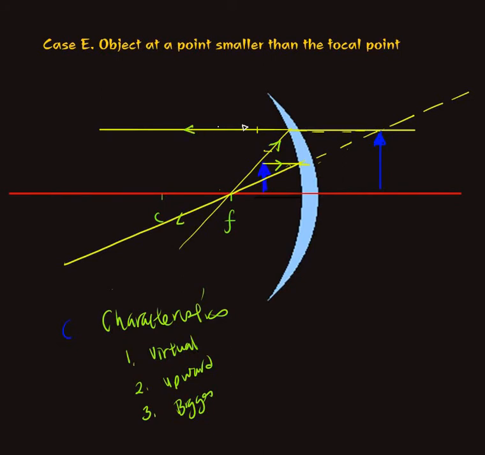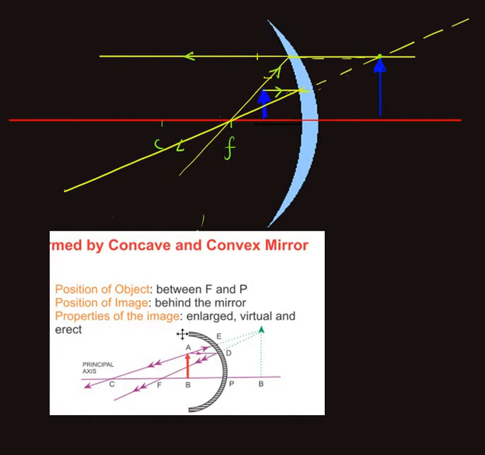But if you move this ray backward, and instead of bouncing this way, keep going up, you will see that here is where those rays intersect, and the image is forming here. It is a virtual image, which is much bigger and upward. And here is a picture of this case, right?